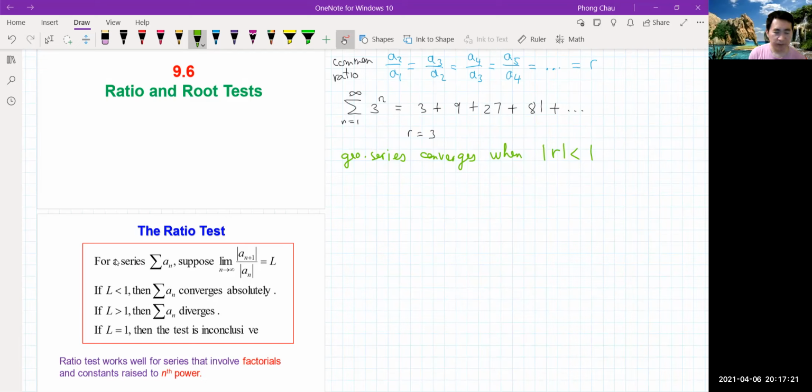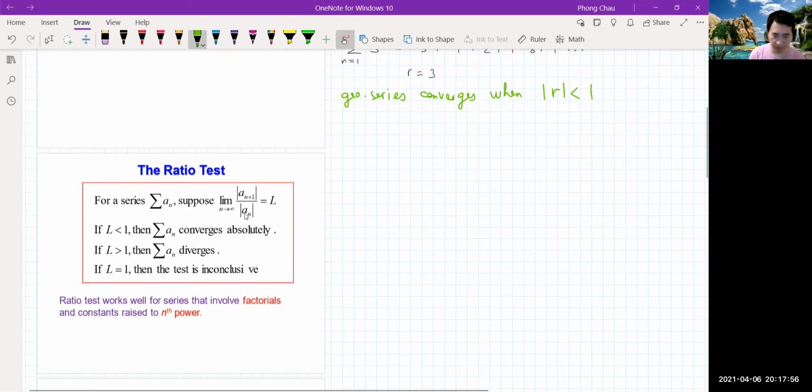Now look at this. The test relies on the ratio of two consecutive terms, and you're taking the limit as n approaches infinity. So this test works really well for a series that involves factorials and constants raised to the nth power. The reason is that when you have factorials with n powers, there is a lot of cancellation going on, which makes the limits easy to find.